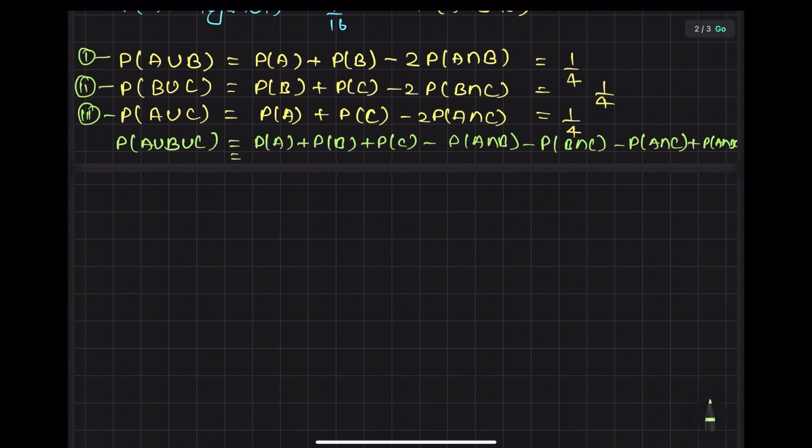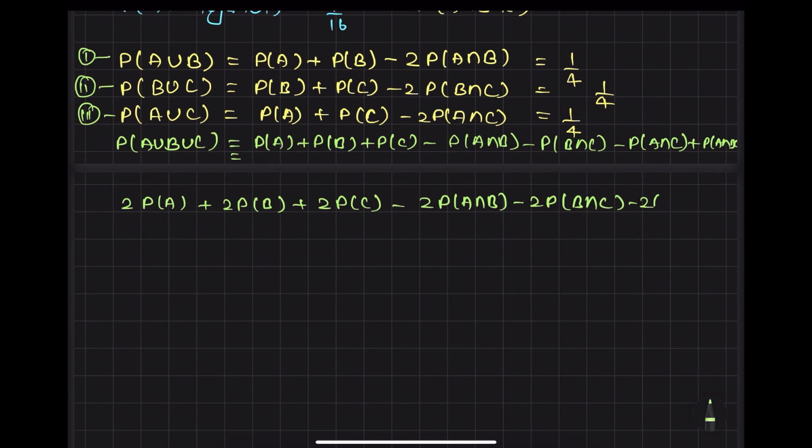So if we add the three things, we will have 2 times probability A plus 2 times probability B plus 2 times probability C minus 2 times probability A intersection B minus 2 times probability B intersection C minus 2 times probability A intersection C. So this is equal to 3 by 4. Correct?